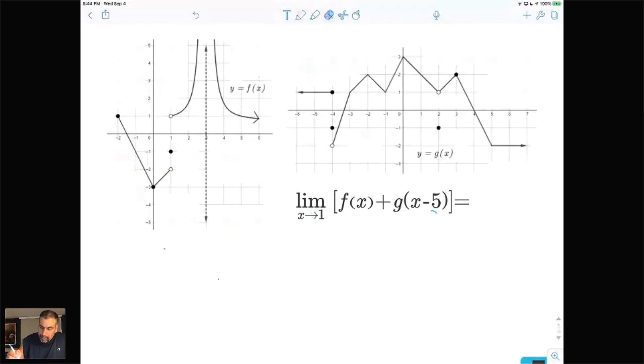So go right ahead, and I'll just give you a few moments to check that out. Had the question, do we use both graphs? We will need both graphs for this problem.